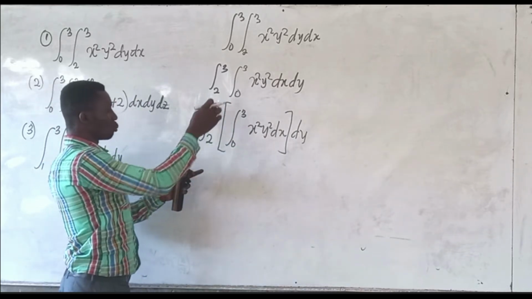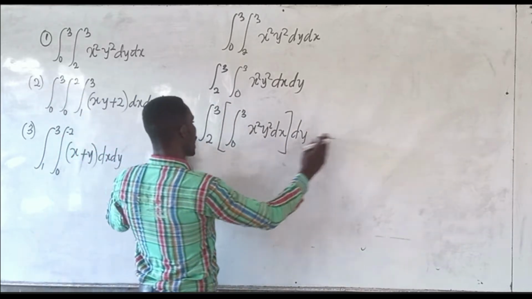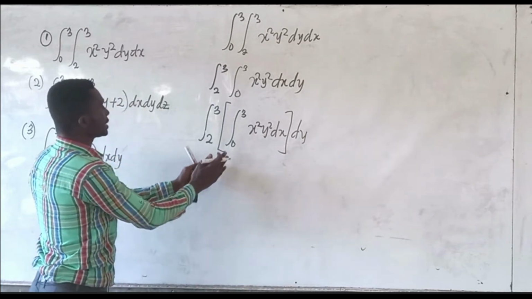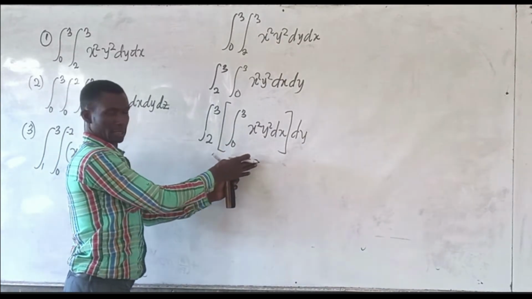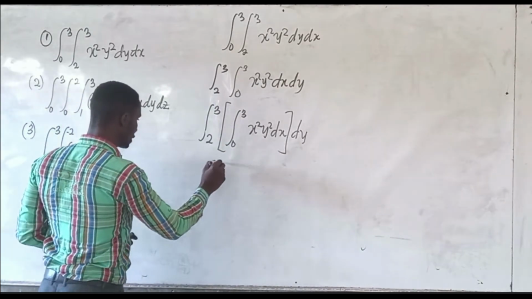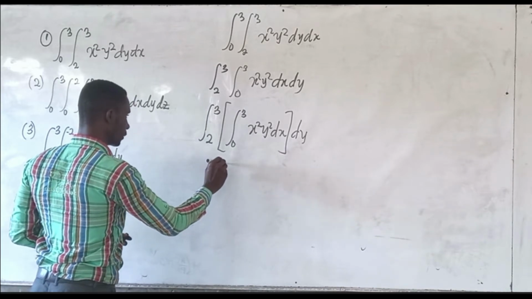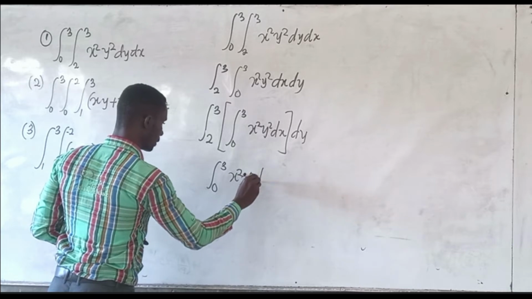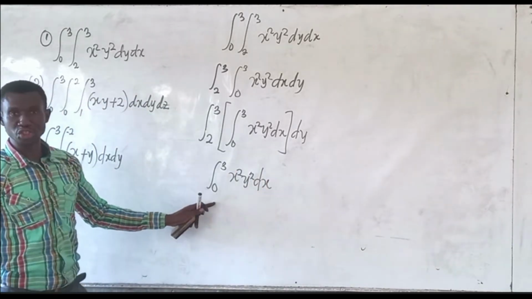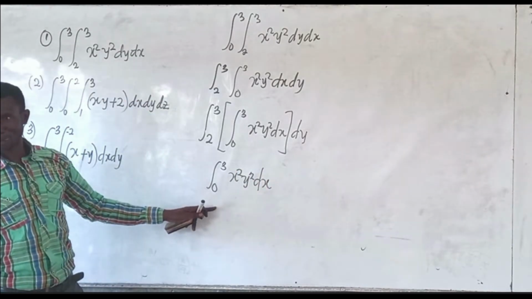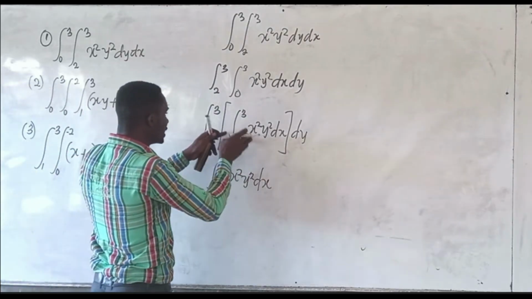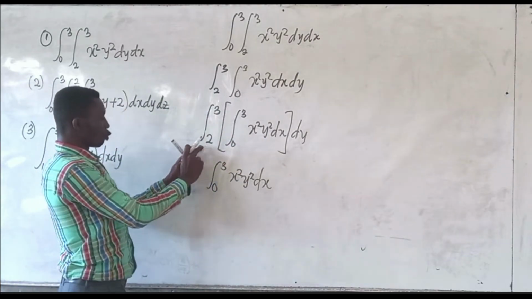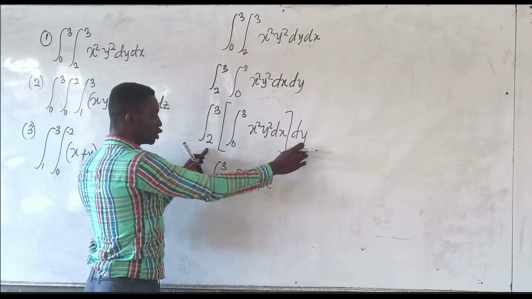Dy will move with 2 to 3, which will be outside. Now I'll pick the inside one. It will be the integral from 0 to 3 of x squared y squared dx. This is what I'm integrating now, so that when I finish, I'll come and put it inside. Then we'll go with 2 to 3 of dy.